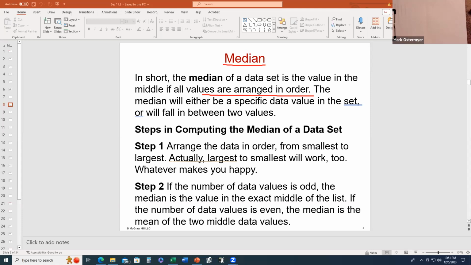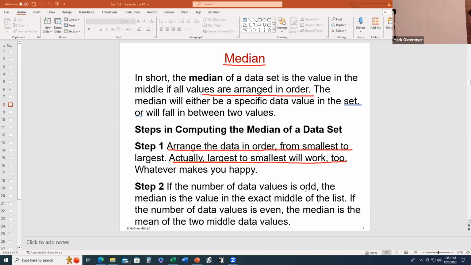So how, after we order our data set, would we compute the median? Step number one, make sure your data is ordered from smallest to largest. Actually, largest to smallest would also work to determine the median accurately, but normally it's smallest to largest. Step two, the number of data values.